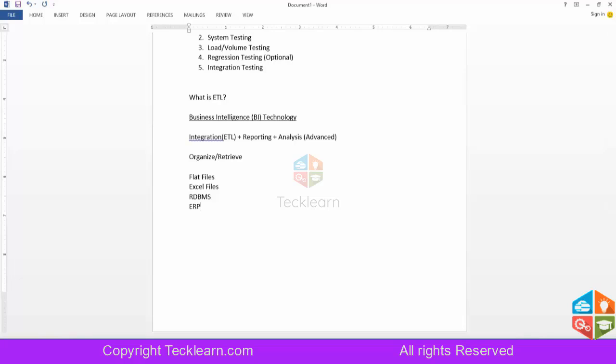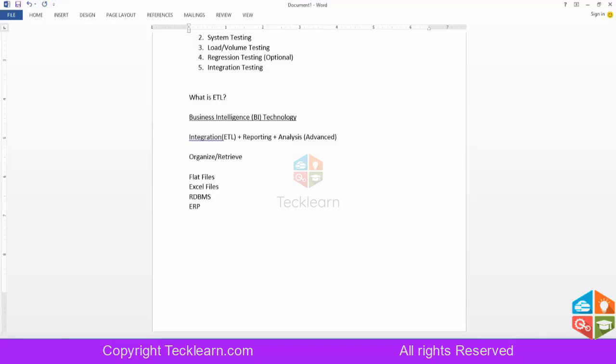So we may have an ERP at the head office. Irrespective of where we have the data, all this data should be unified, should be normalized and brought to a single point, a single location.